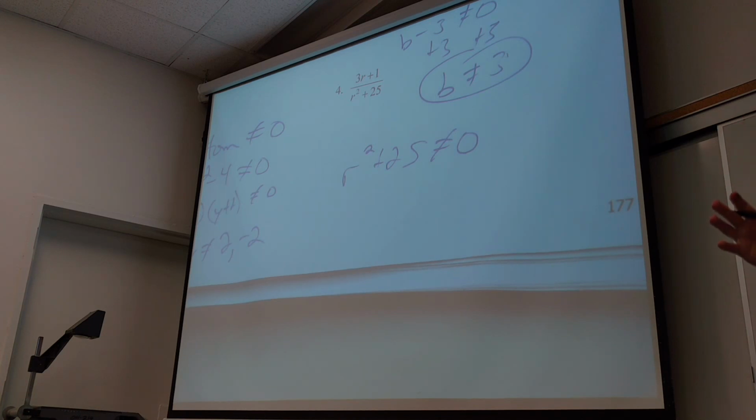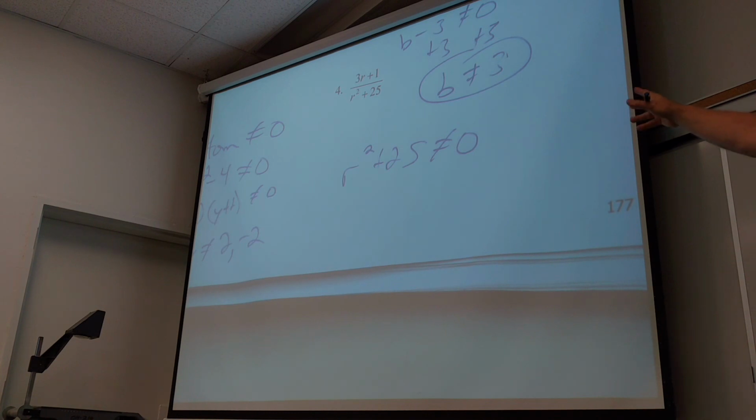What's 2 squared? 4. What's 1 squared? 1. Can I square something and get even smaller than 1? Yeah, we can. 0 squared is 0. So 1 squared is 1, 0 squared is 0. What's -1 squared? 1. So what's the smallest r squared can be? 0.